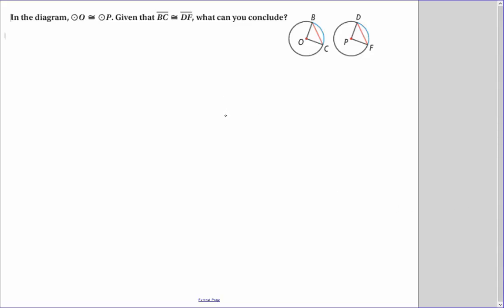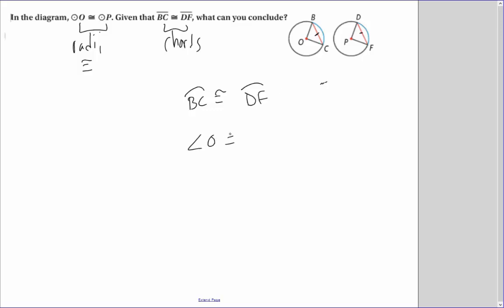So we can use those theorems to conclude information from two congruent circles. If I know these are two congruent circles, the only thing I know is that the radii will be congruent. That's all I can conclude if I know I have congruent circles. BC and DF are chords. If these chords are congruent, I know arc BC is congruent to arc DF, and I know that angle O is going to be congruent to angle P. Why?